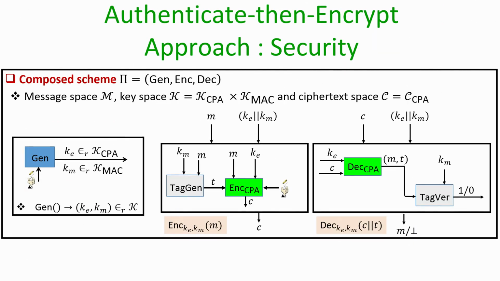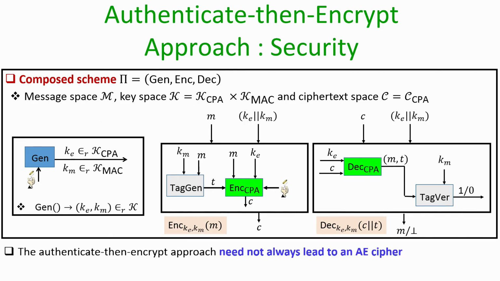So, now we want to analyze whether this approach of composing the CPA secure scheme and a message authentication code is always going to lead to an authenticated encryption cipher, irrespective of the underlying instantiation of the CPA secure scheme and the instantiation of the underlying MAC component.